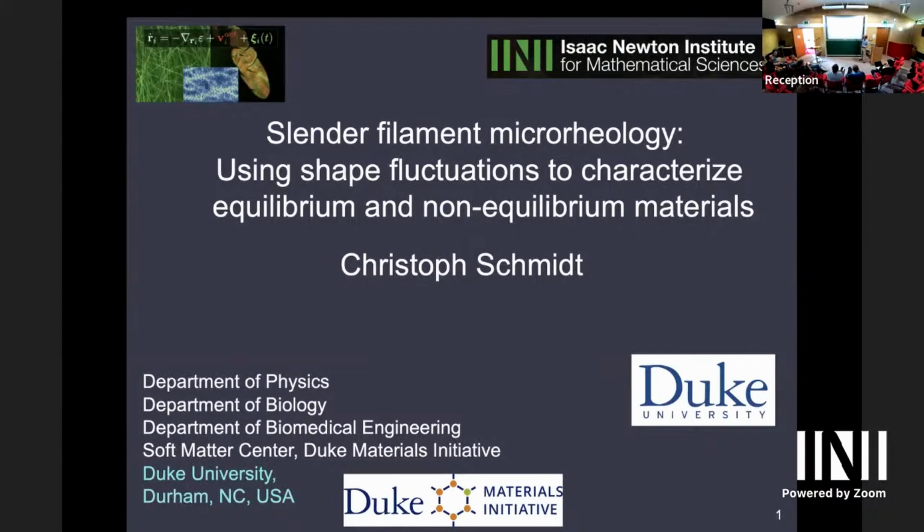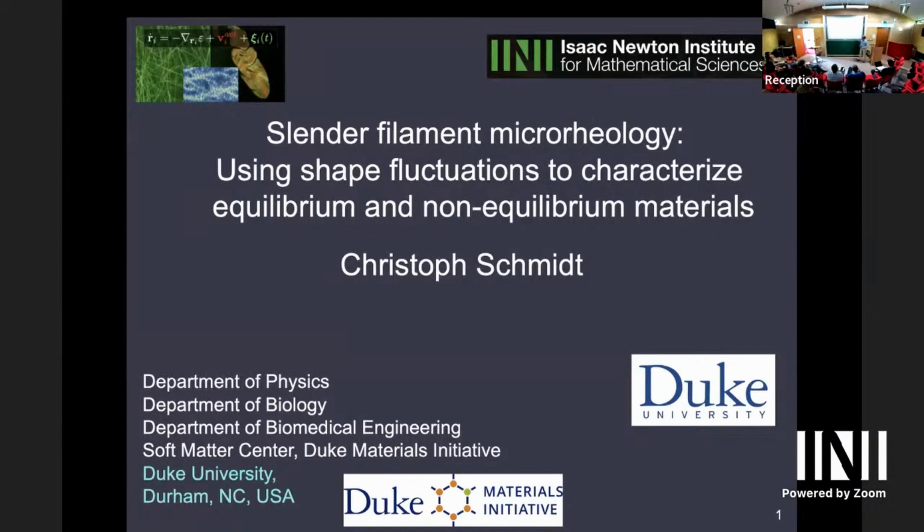And that technique we call microrheology, which is of course related to typical macroscopic rheology that people use in mechanical engineering or material science. But the micro, I'll show you what it means and why that's appropriate for biological systems.